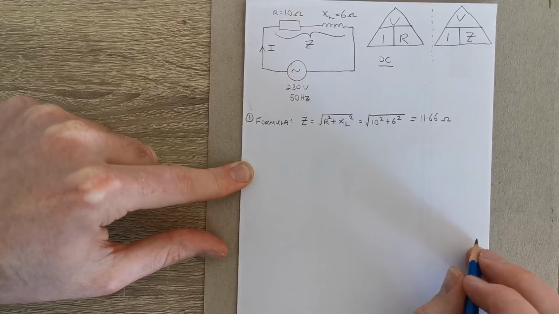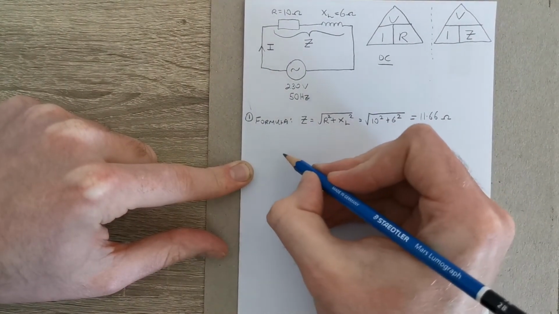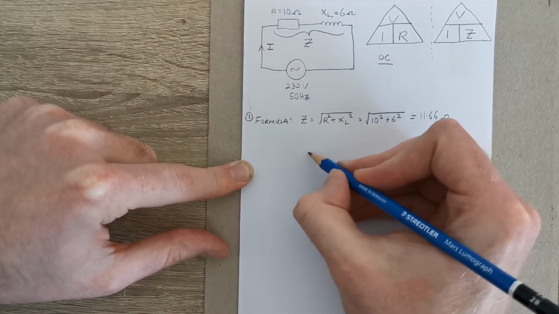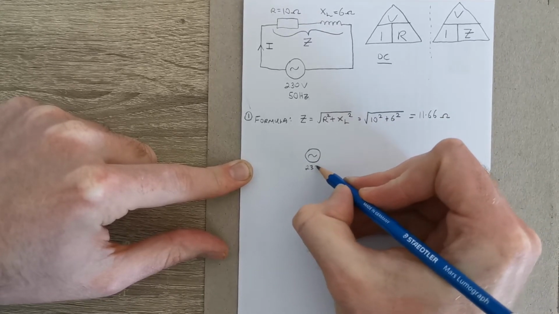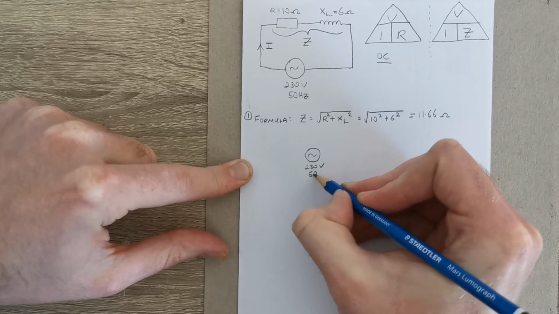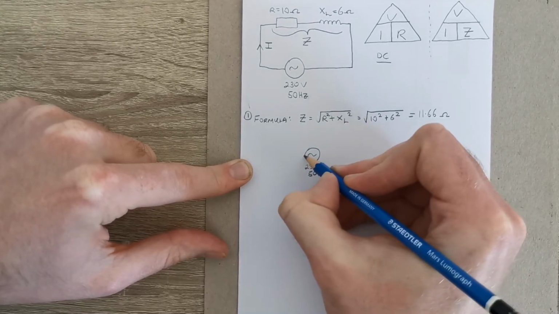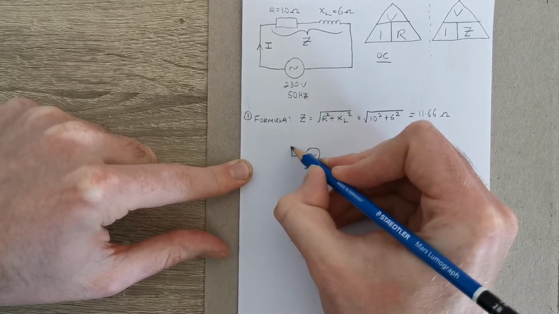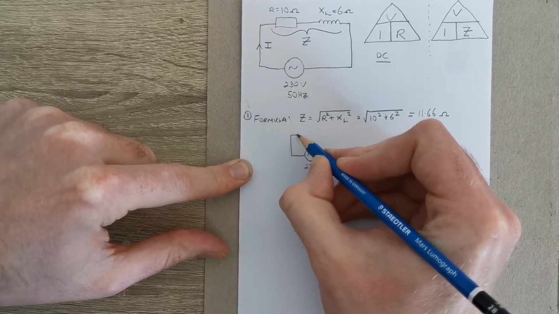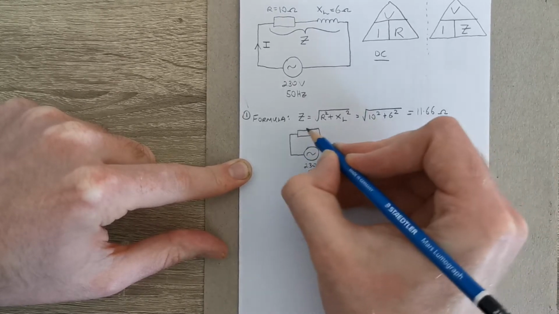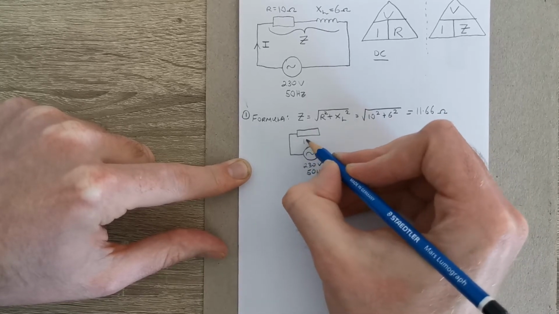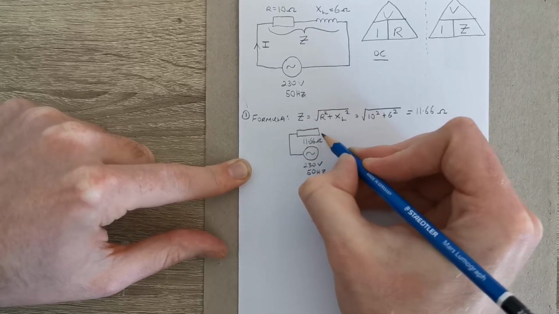So we can actually redraw this circuit, the same supply now with an impedance of 11.66 ohms.